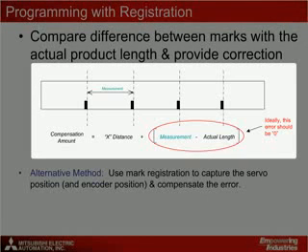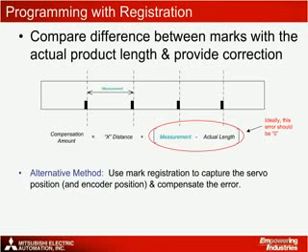Here, the actual length is subtracted from the measured distance between marks, and ideally, this error amount should be 0. An alternative method is to capture the position of the servo motor relative to the position of each mark from the encoder, and then compare that difference repeatedly. If the difference fluctuates, the auxiliary virtual servo motor is commanded to correct the servo's position.